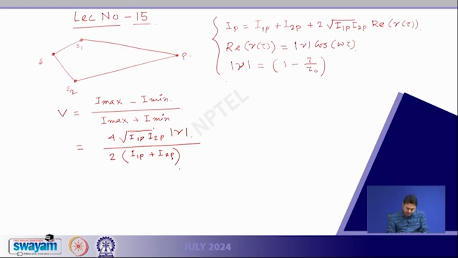Now what happens if I1P equals I2P for the same source, say this is I0.